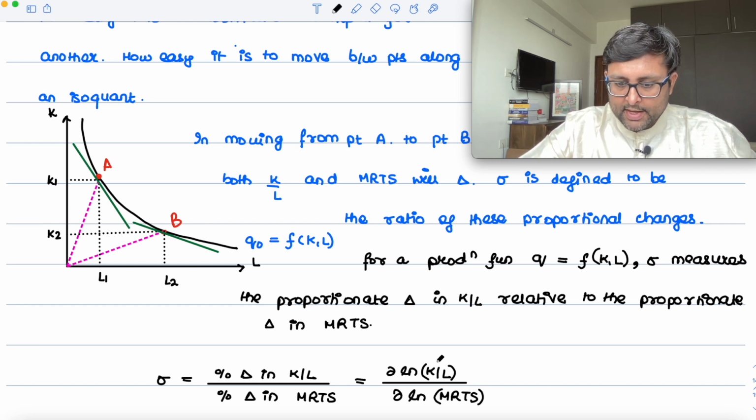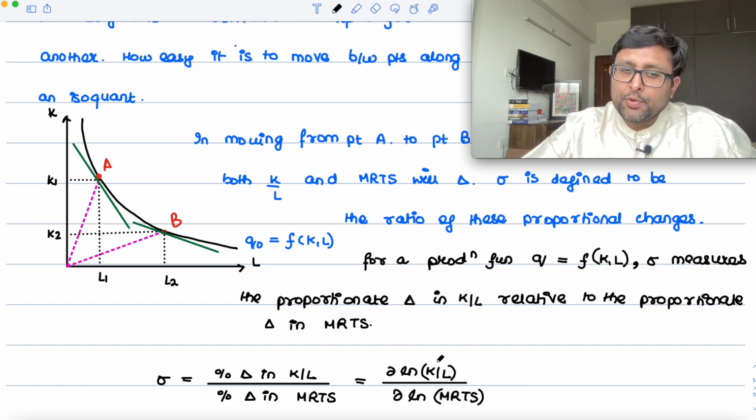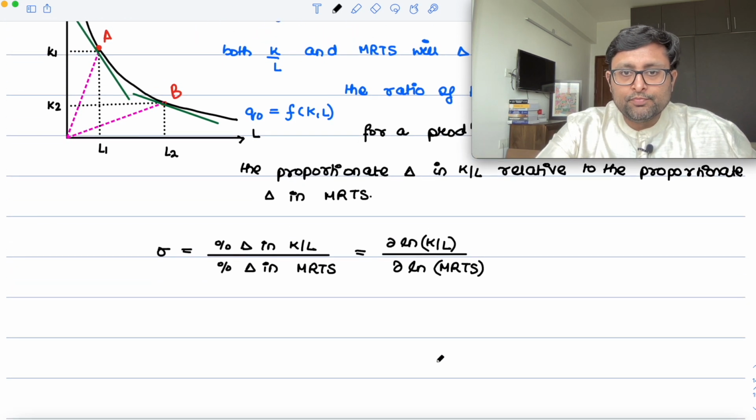Right. I hope you know this. I mean, this is exactly like your elasticity. So I don't know whether you remember this or not.